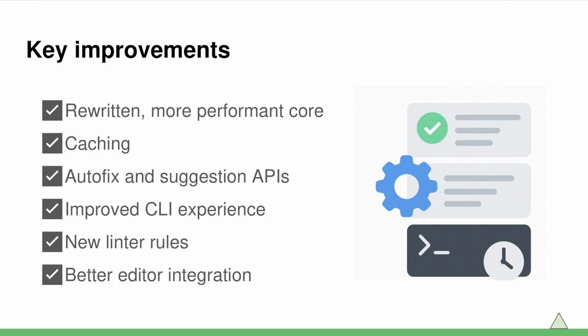We've added new APIs for autofixing and suggestions, introduced caching to skip unchanged files, and improved the CLI and editor integration for a smoother experience. There are also several new and redesigned linter rules that make it easier to catch common issues. We'll go through each of these areas in more detail in the upcoming slides.